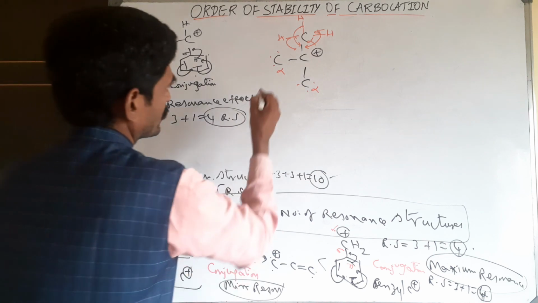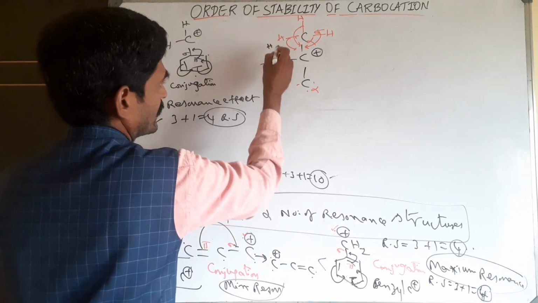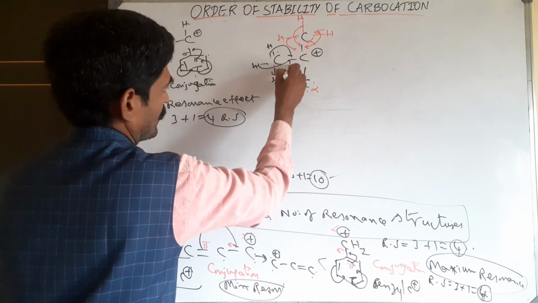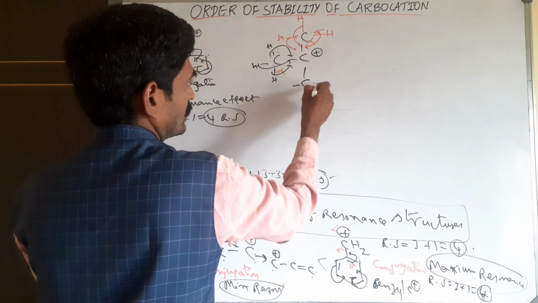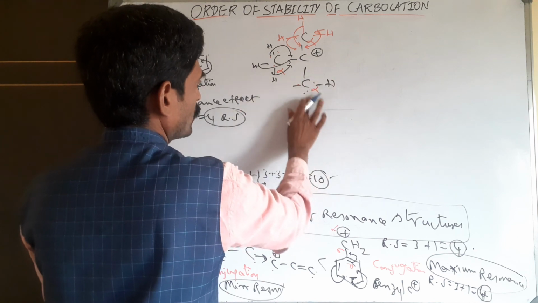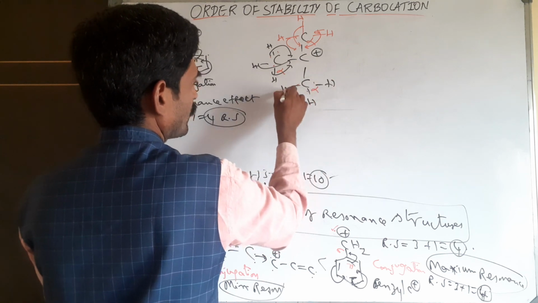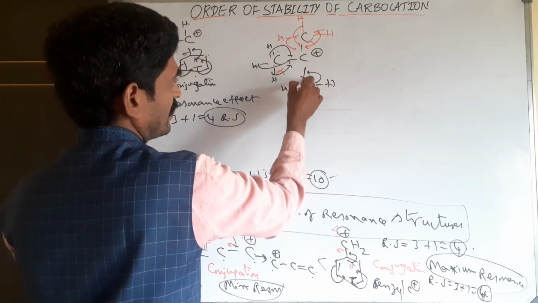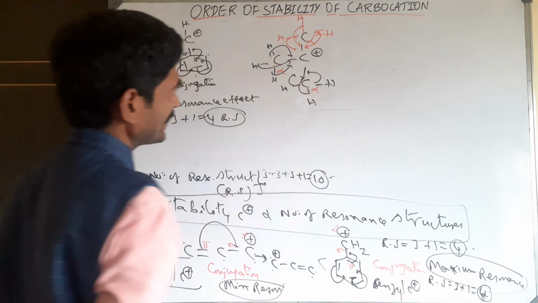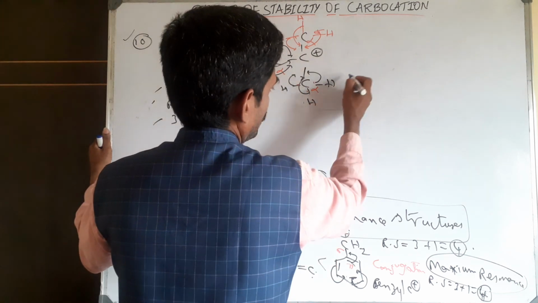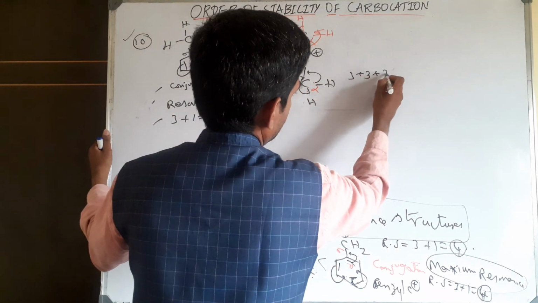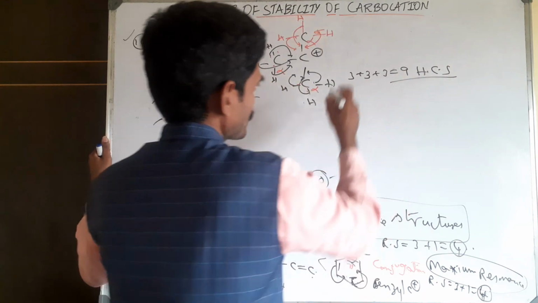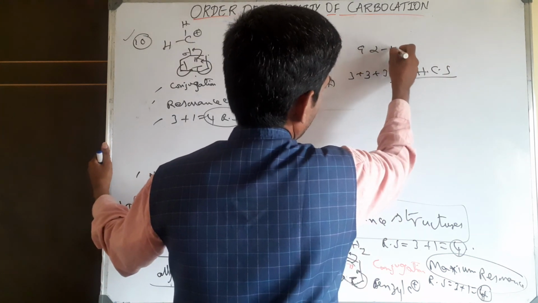Here also, this one forms one hyperconjugative structure, and this one also forms one. And this alpha carbon also has 3 alpha hydrogens, so it can also form 3 hyperconjugative structures. So totally you get 3 plus 3 plus 3, 9 hyperconjugative structures, because 9 alpha hydrogens are available.